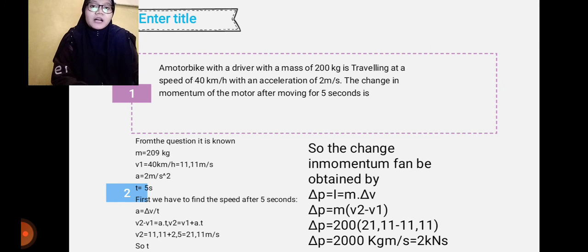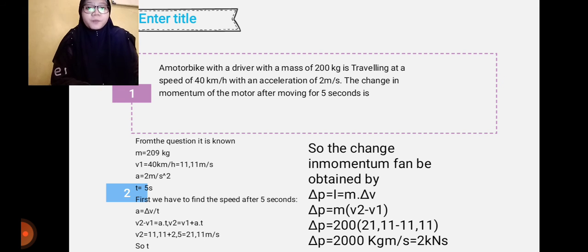Exercise. A motorbike with a driver with a mass of 200 kg is traveling at a speed of 40 km per hour with an acceleration of 2 meters per second squared. The change in momentum of the motor after moving for 5 seconds is?